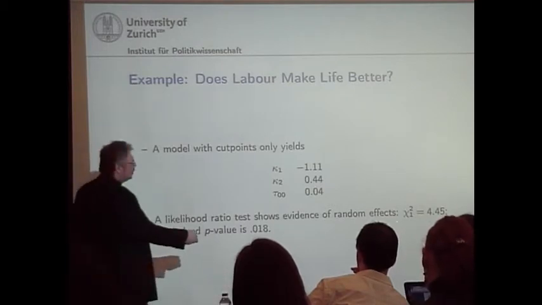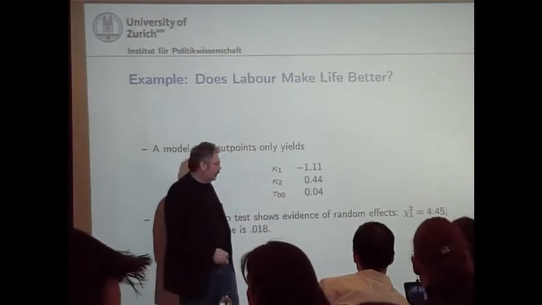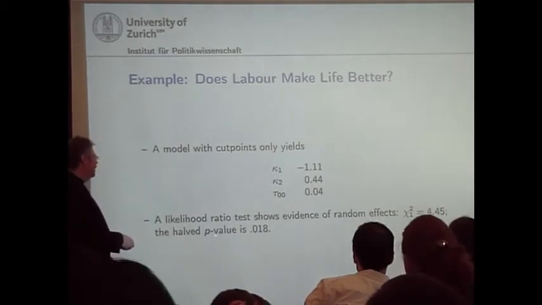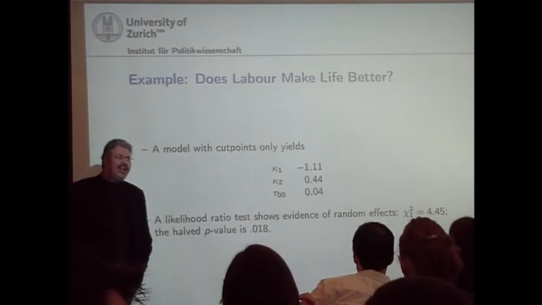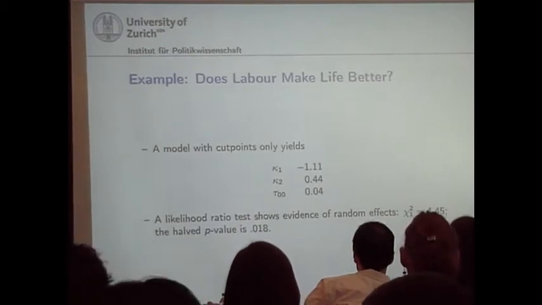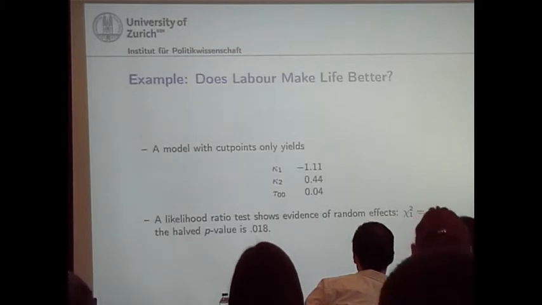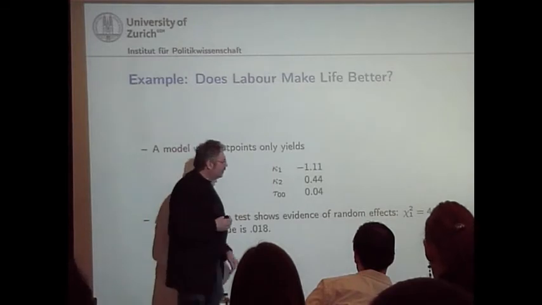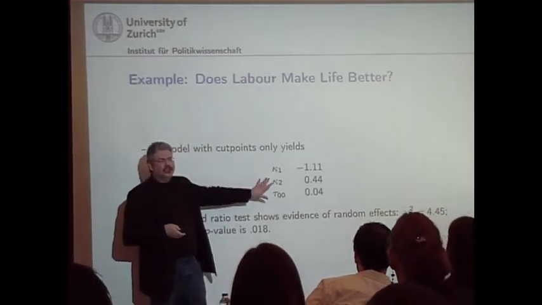And you get a chi-square with 1 degree of freedom, because there's only one variance component, of 4.45, and a half p-value that is 0.018. And therefore, you can reject the null hypothesis that there is no variation in these cut points in the population. So I took that as evidence that we really should specify a random intercept model.